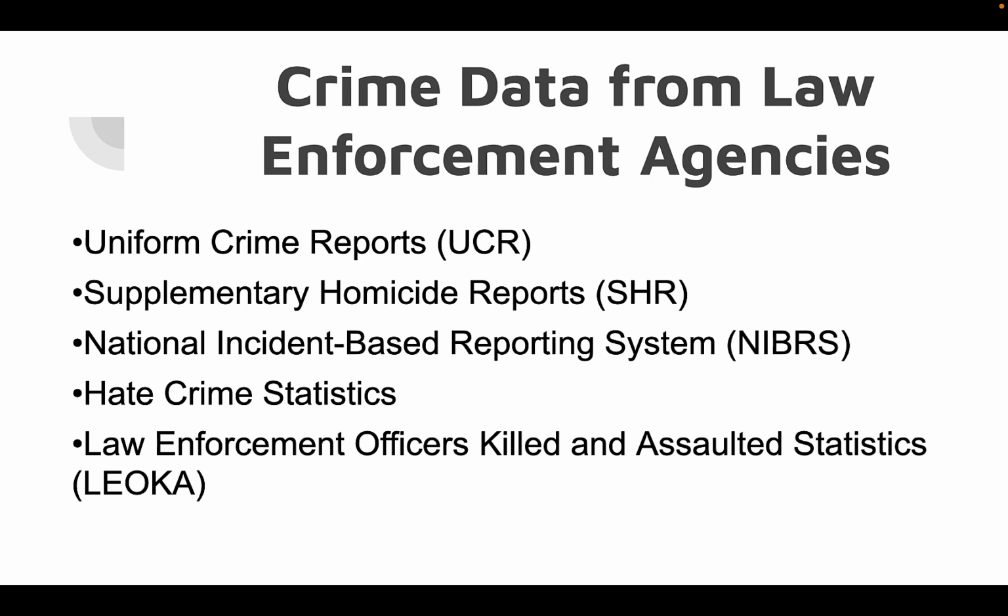Sometimes law enforcement agencies either unintentionally make errors in what they report, or on purpose do not submit delinquent reports that don't fulfill all the information that they're supposed to give over. So for instance, there was a recent study, I think it was in 2019 or 2020, that looked at how when an outside organization tried to do their own research about officer-involved shootings, there was a huge discrepancy between what was happening in local areas and what was being reported to the UCR.